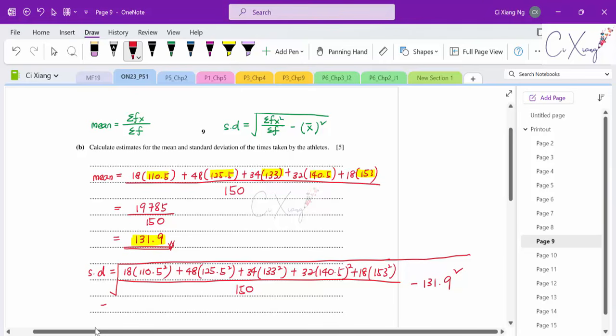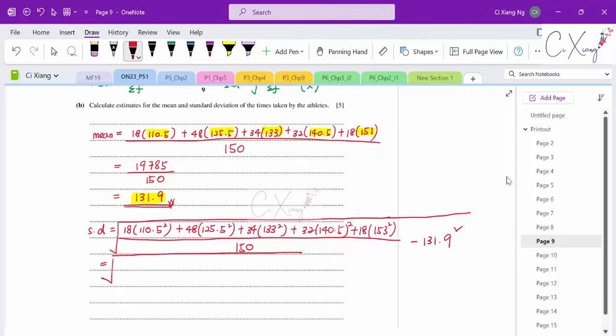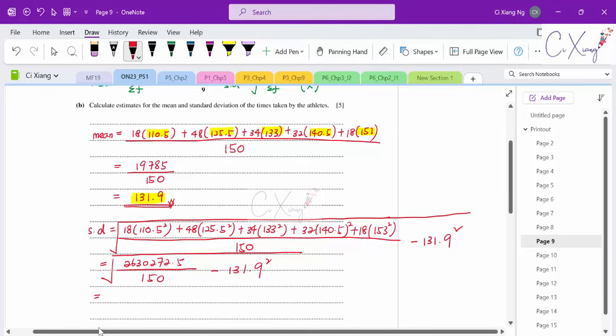Okay, again, by using calculator to help you a little bit on the value, by right, you should get the number like this, 263.0272.5. Okay, simplify it.